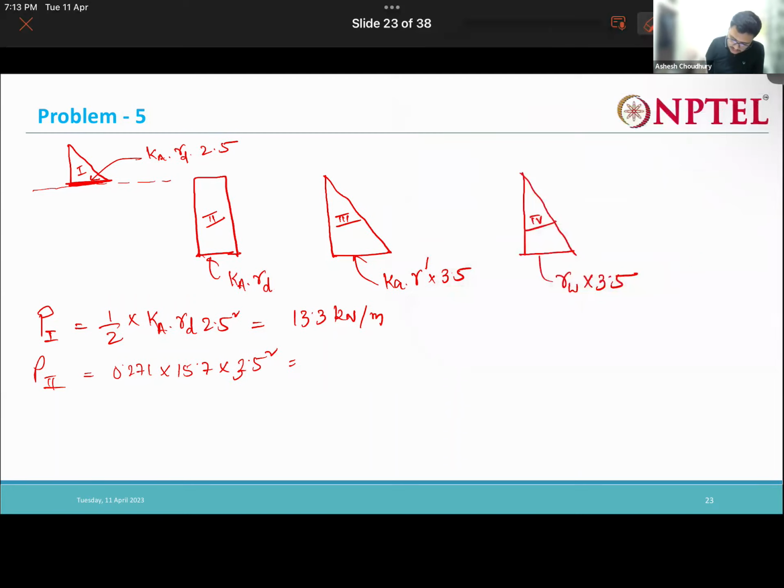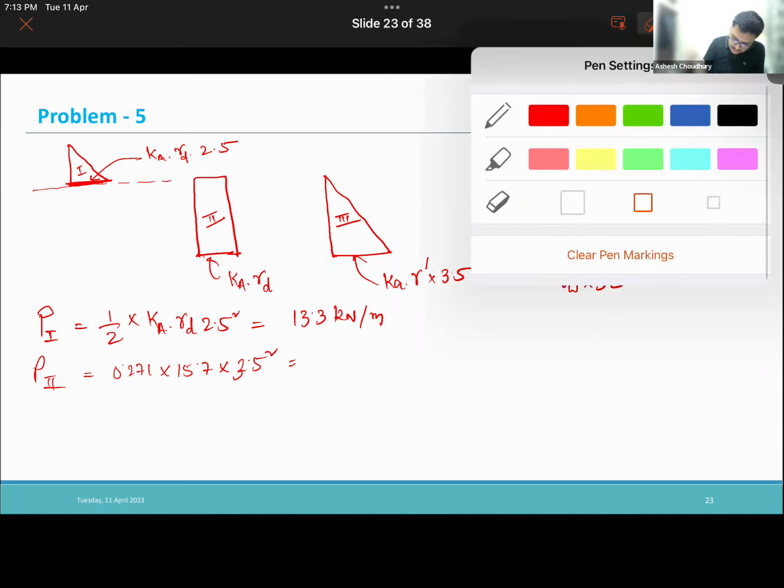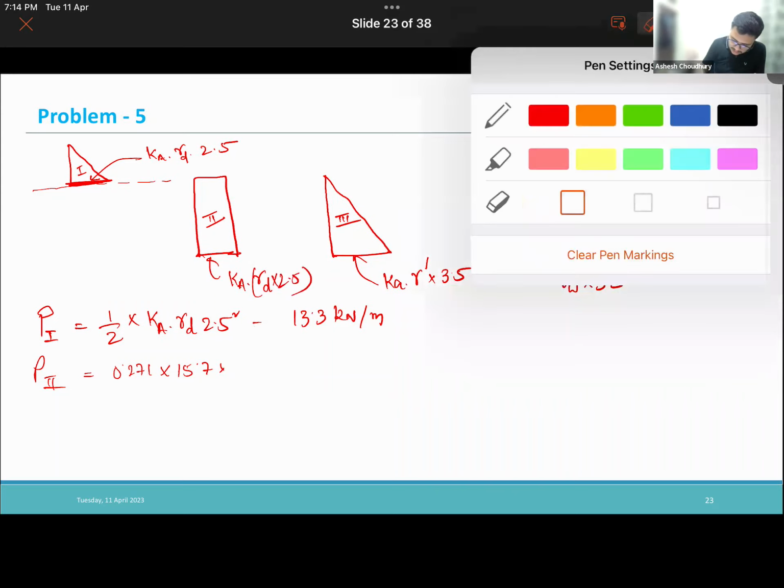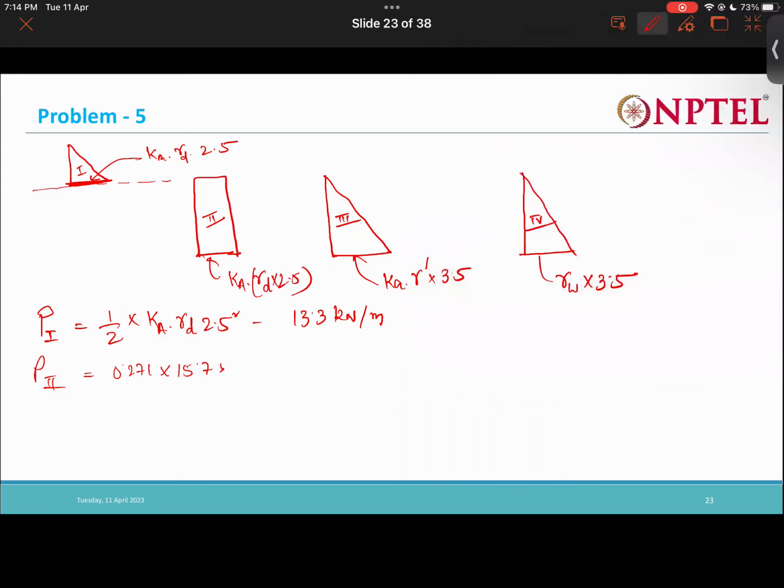See, it's correct only. This is K into gamma d into 2.5, so this into 3.5. Gamma d into 2.5 into 3.5, that is 37.23.